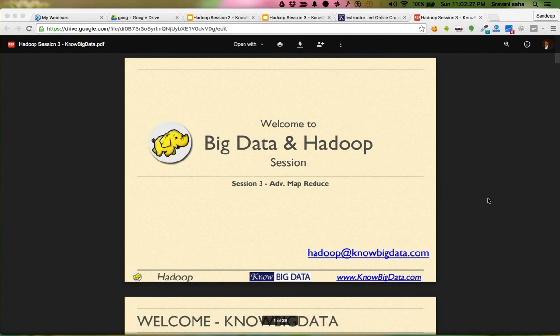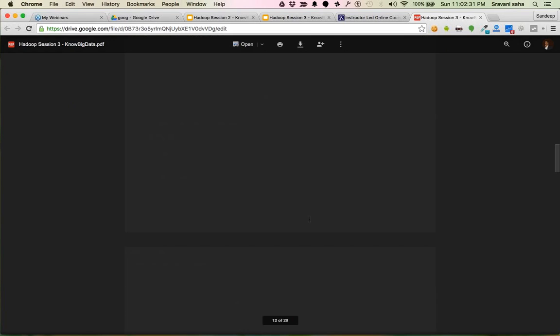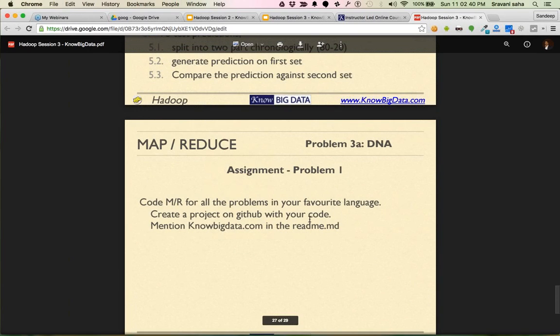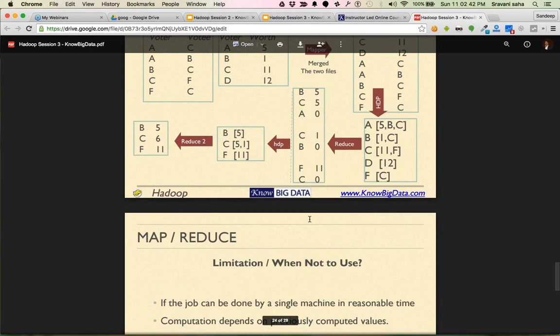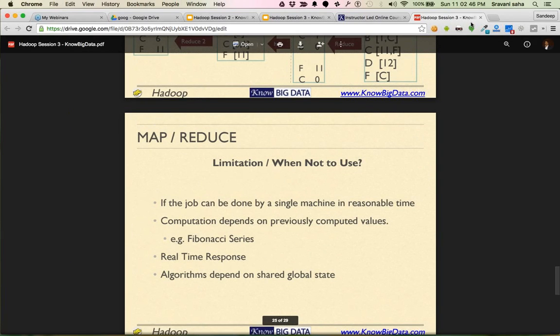So isn't this available here? Sridhar? Yeah, I think it's there.